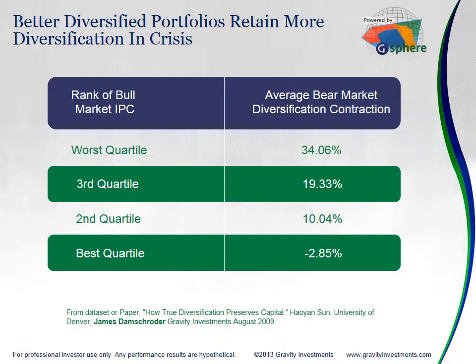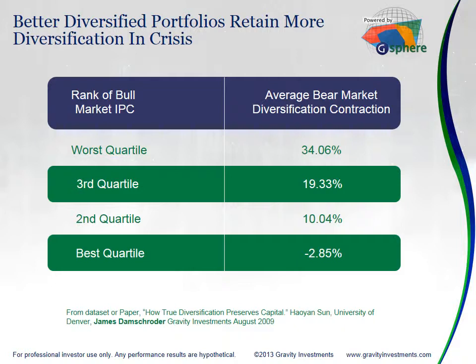And we segmented those portfolios into quartiles, best to worst, based on their diversification scores as measured by the IPC. And then we looked at how well those IPCs held up by quartile. And the results here were pretty interesting.